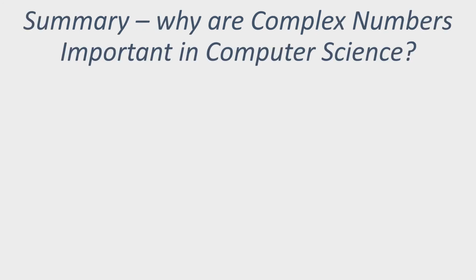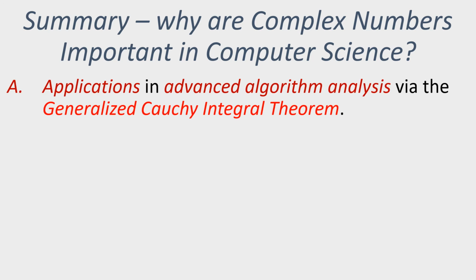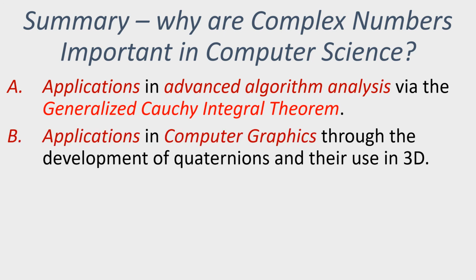So just to summarize, why are complex numbers important in computer science? The reasons are: they have applications in algorithm analysis through the generalized Cauchy integral theorem. They have applications in computer graphics through quaternions and realizing complicated three-dimensional graphics effects.